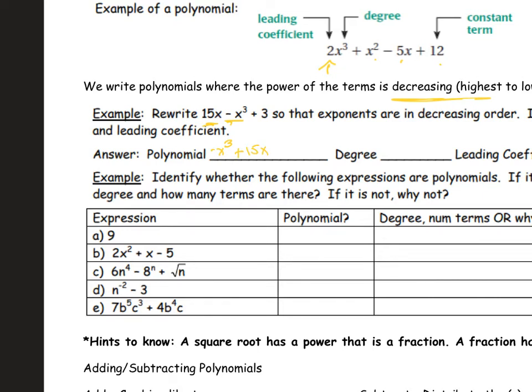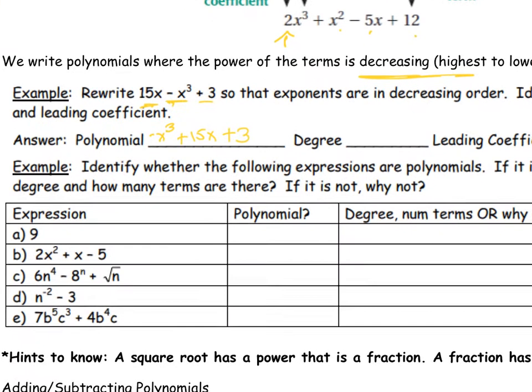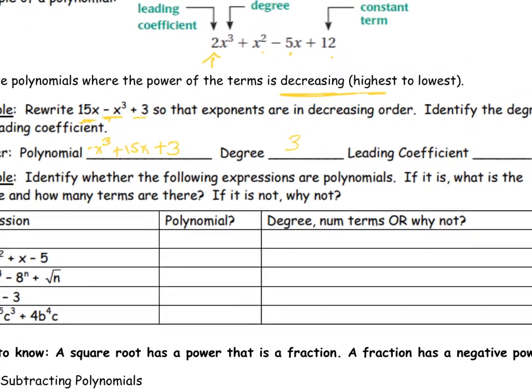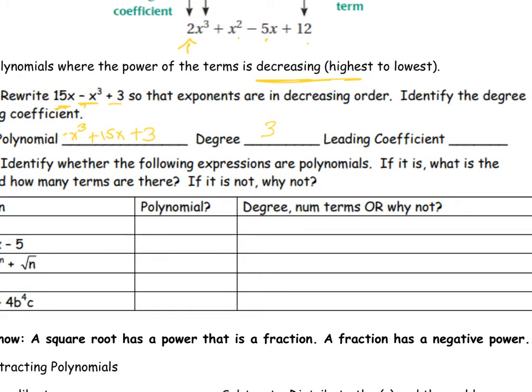So we've got plus 15x, and then we have plus 3 at the end. If I write it in descending order, the degree is easy because it's my first term. My exponent is 3, so this is a degree 3 polynomial. There's a negative in front, so that is like writing a negative 1. So my leading coefficient here is going to be negative 1.